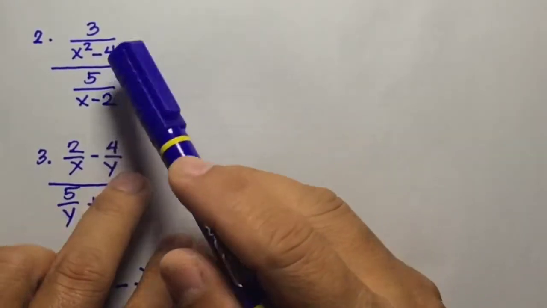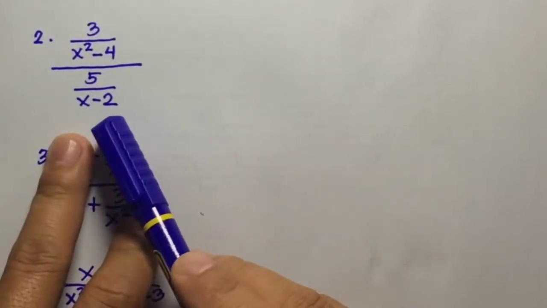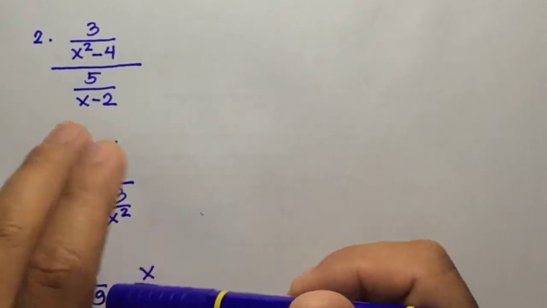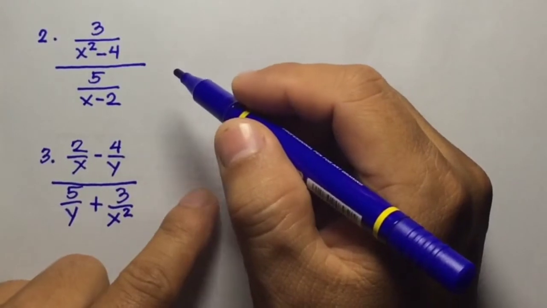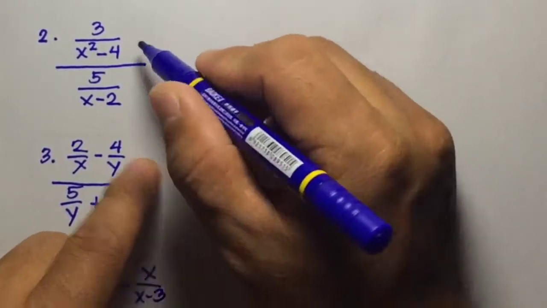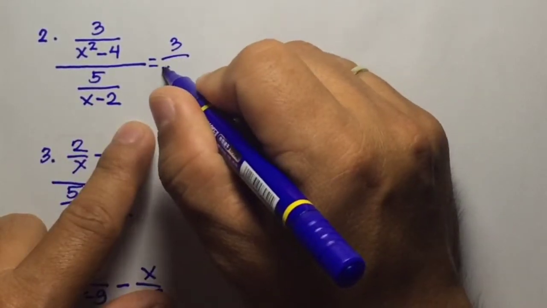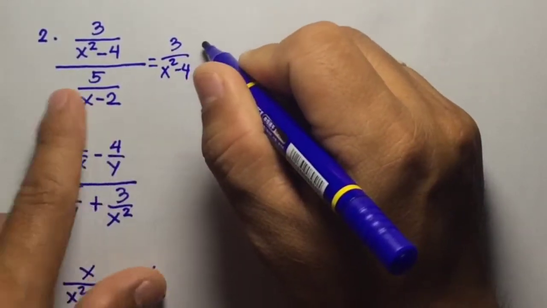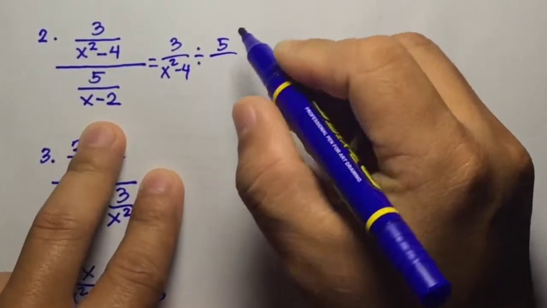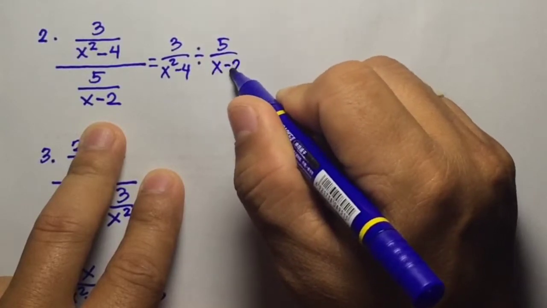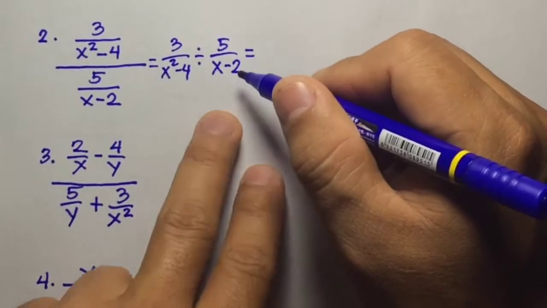Then number 2, 3 over (x squared minus 4), all over 5 over (x minus 2). So this is another example of a complex rational algebraic expression. We're going to do the same. We have the numerator, 3 over (x squared minus 4), divided by 5 over (x minus 2). Then proceed to multiplication and use the reciprocal of the divisor.